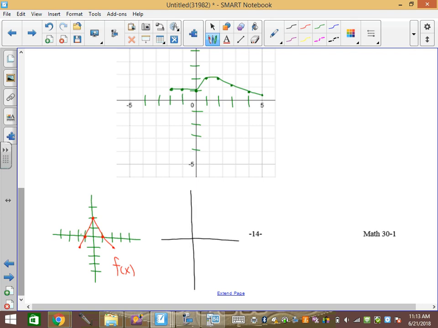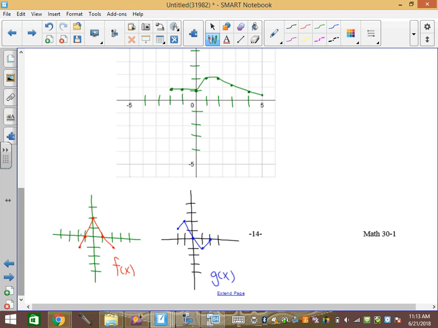Remember, I can only compare same domains where they all exist on both graphs. So negative 2 here, here, here, here, and back here. Okay, this is g of x.